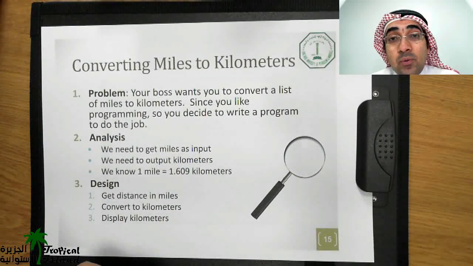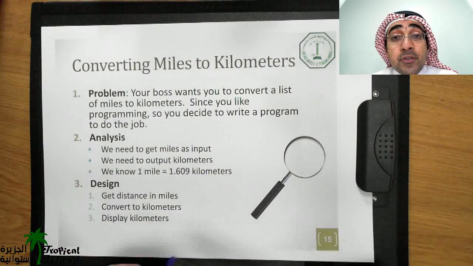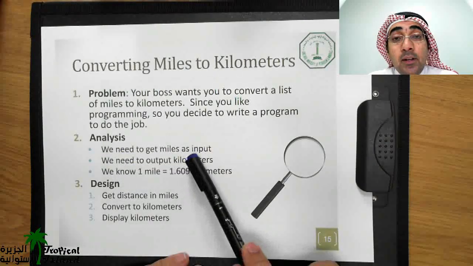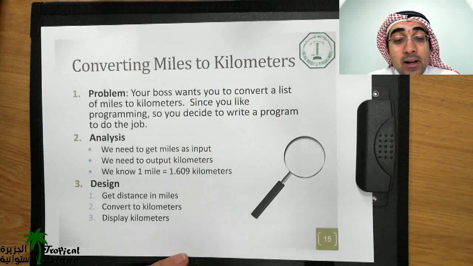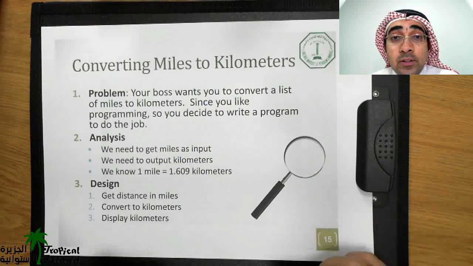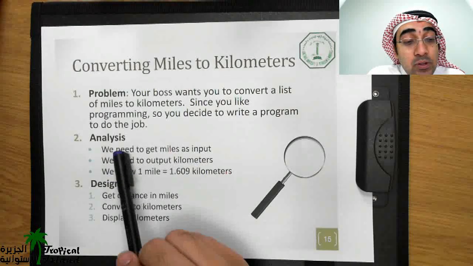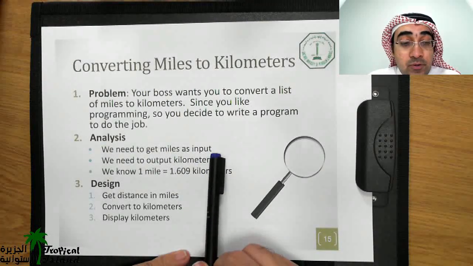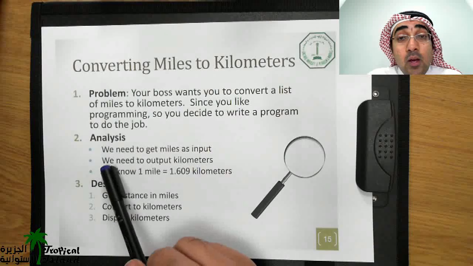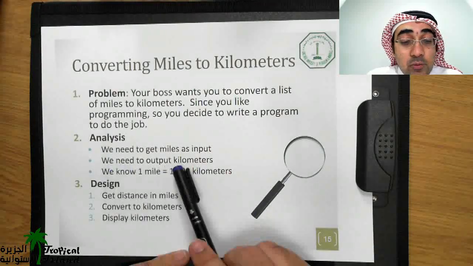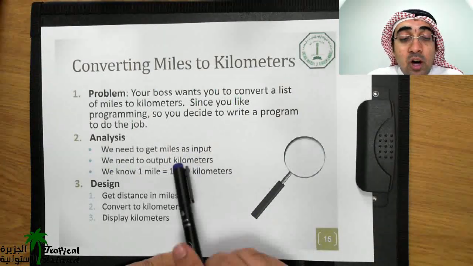What are the things that we have to do in this? The first step is we have to know how many inputs do we have, and we need to get the miles from the user. So we have only one input because we're going to write a program that takes one input and generates one output, and we need to get the miles from the user as an input. What are the outputs? The output is the kilometers. So we need to output a kilometer.